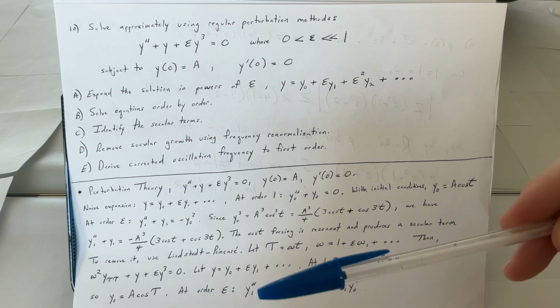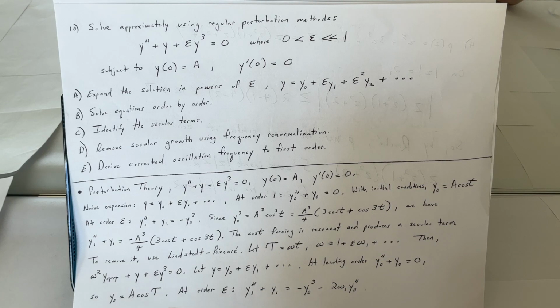At order epsilon, we get y sub 1 double prime plus y sub 1 equals negative y naught cubed minus 2 omega sub 1 y naught double prime. Sorry, that's omega sub 1.